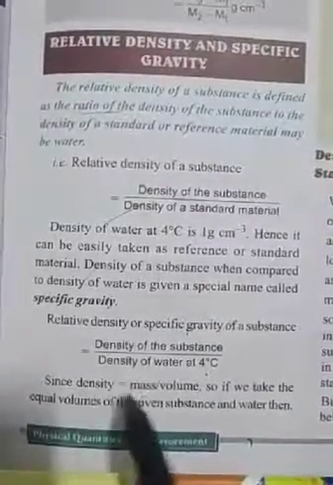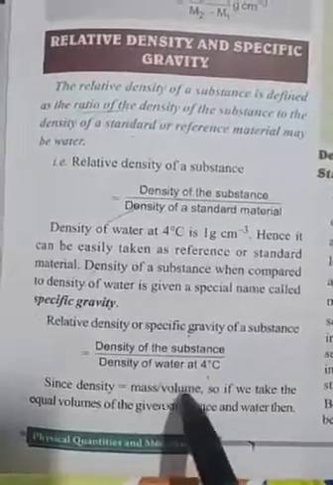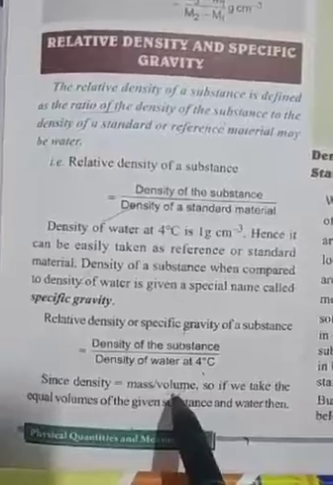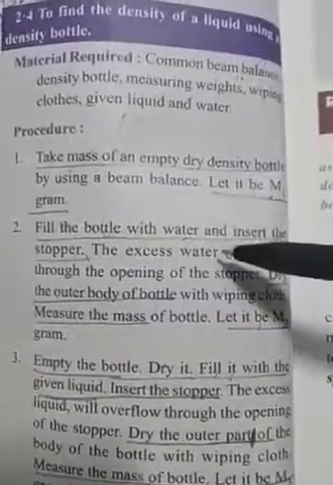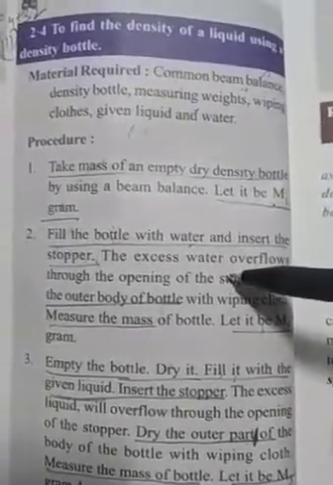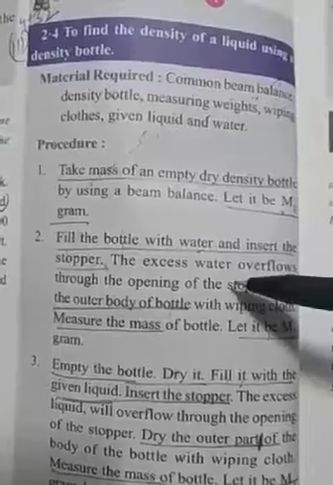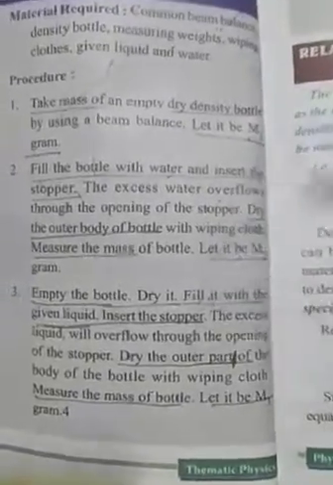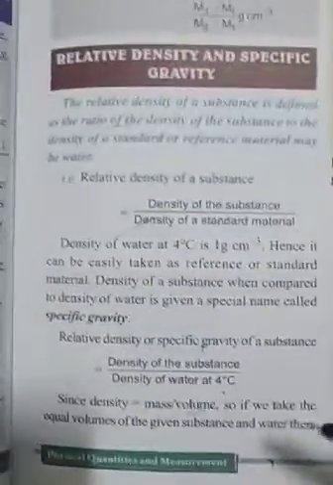Since density is equal to mass over volume, if you take the same volume for both the liquids, as we have done in this activity, where we have taken a density bottle so the volume was fixed, you can find out the density of water and the density of the liquid. So if you compare both, you will find the relative density.